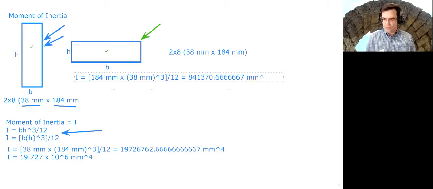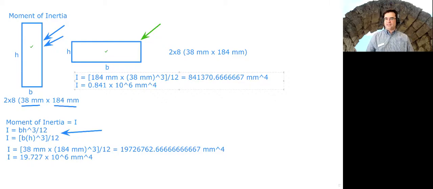Millimeters to the power of 4. Okay, so if we express this in the same format using scientific notation, a number times 10 to the 6, it would look like this. 0.841 times 10 to the 6 millimeters to the power of 4.